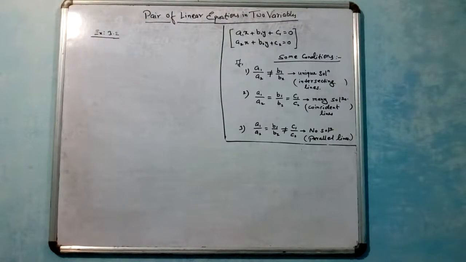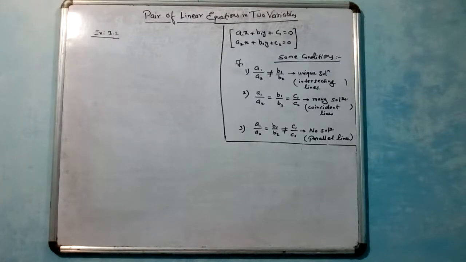So what we have to do in the fourth one? Like what we did in the third one. We found A1 by A2, B1 by B2, C1 by C2. We compared.